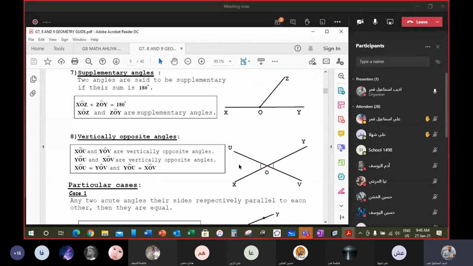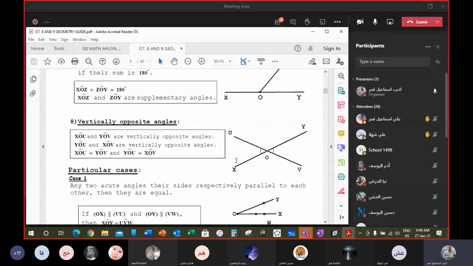Vertically opposite angles are the angles like the shape of X. Like here we have XOU is vertically opposite to VOY, and UOY is vertically opposite to XOV. These two angles are equal. The vertically opposite angles are equal. XOU is equal to VOY, and UOY is equal to XOV.